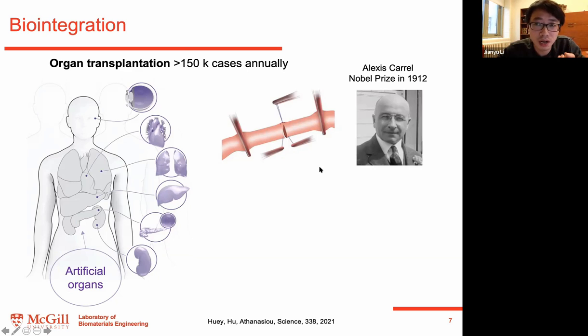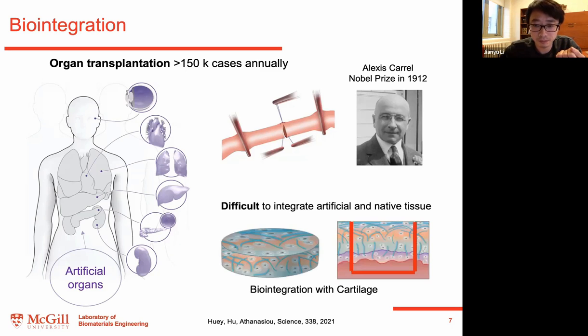So that's a Nobel Prize in 1912. That is mainly about this technique of suturing the transplanted organs with the human body. In that case, this type of procedure called anastomosis is very, very important, right?